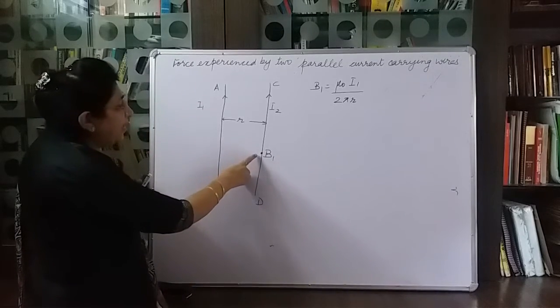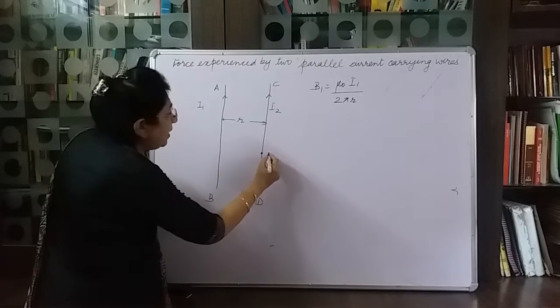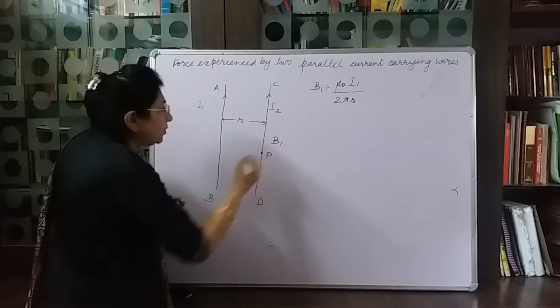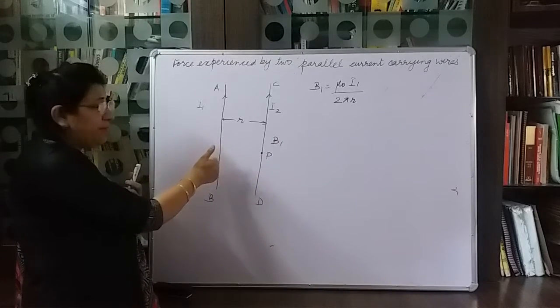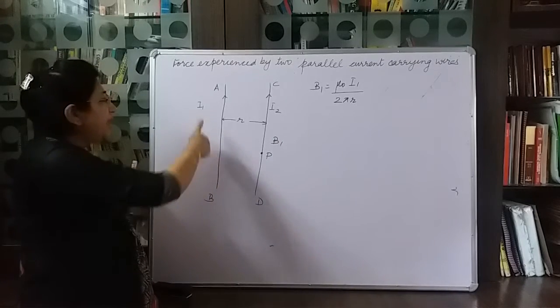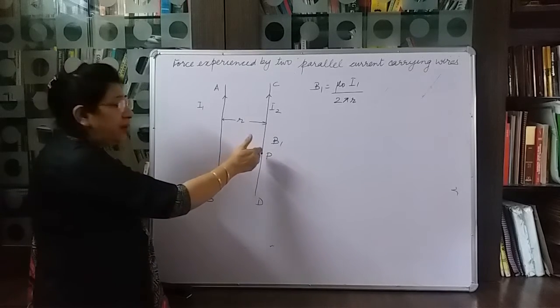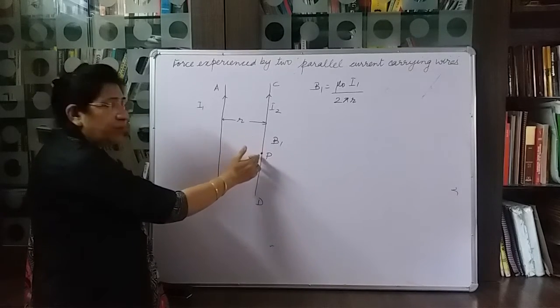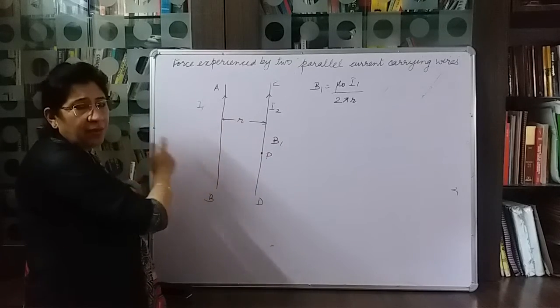We want to find the magnetic field at the point P. When we hold the wire AB with the thumb pointing in the direction of I1, the magnetic field lines will pass through P and they will be inward, making circles around it.